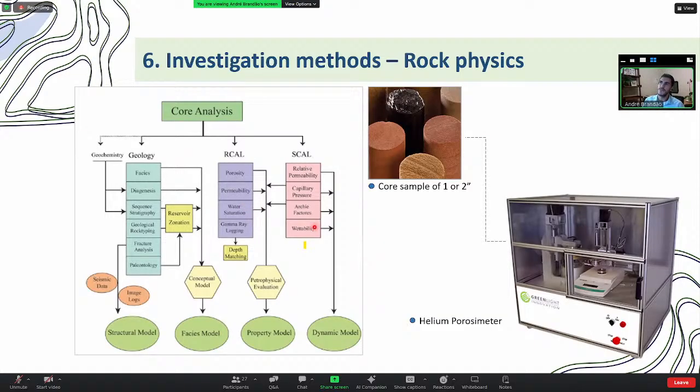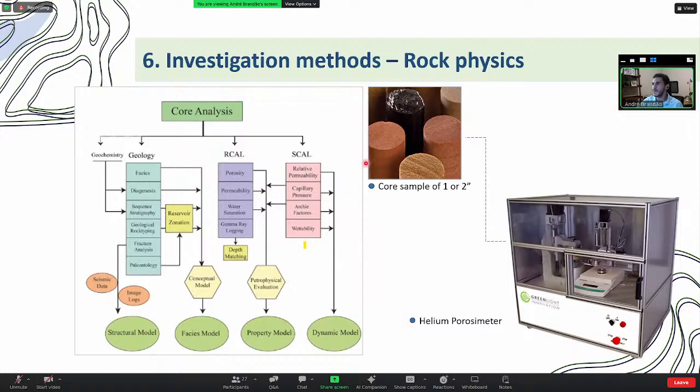This is information that will help you to get the water saturation, the amount of hydrocarbon that you have, the real porosity, because before we were talking about indirect methods, now you are actually measuring the rock, and this will help you to do a very well argued, supported petrophysical evaluation.